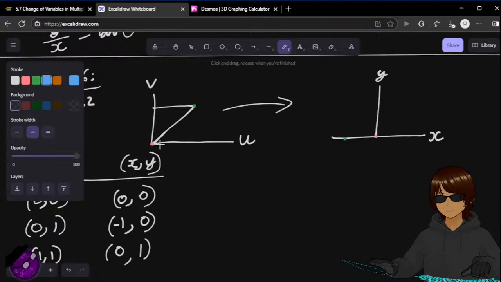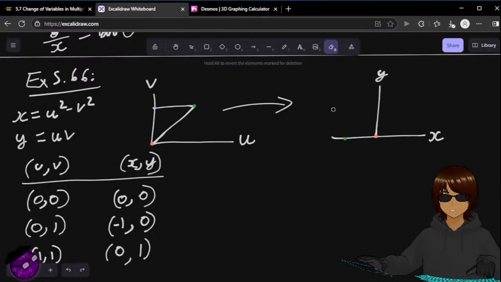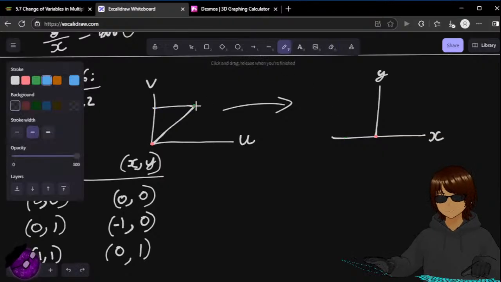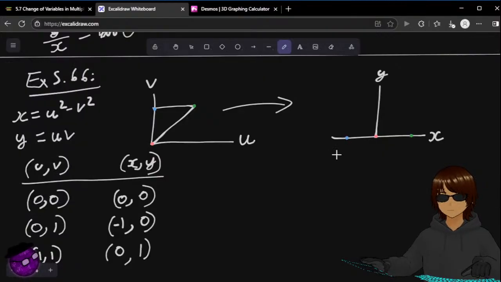And then, wait, this is minus 1, 0. So 1, 1 here is 0, 1 here. And then we have 0, 1 over here, it's minus 1, 0 over here. I don't know if it's one to one.